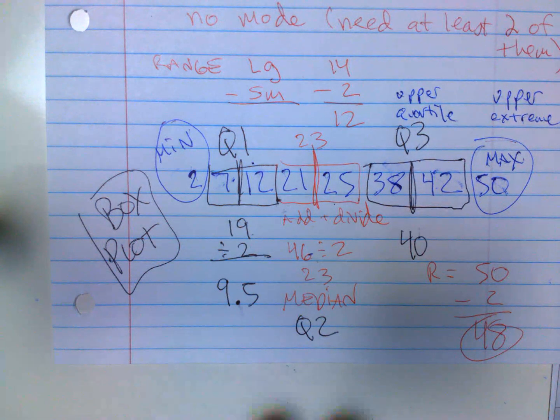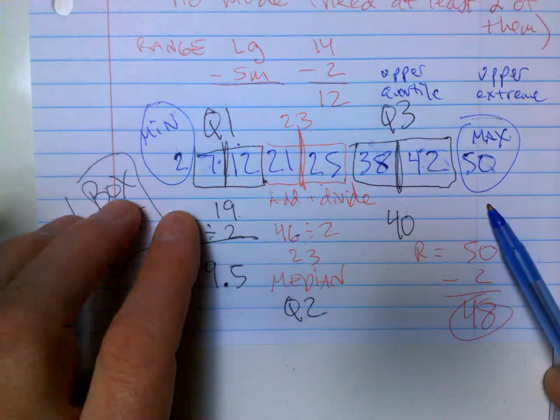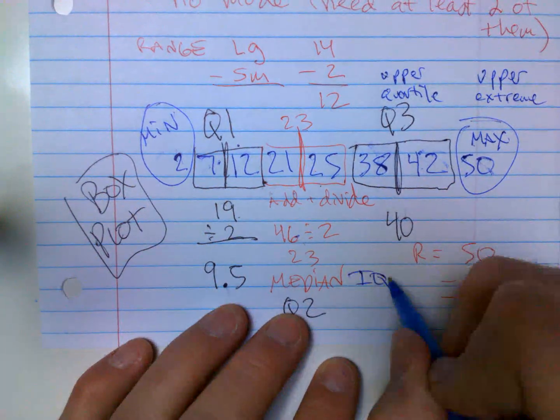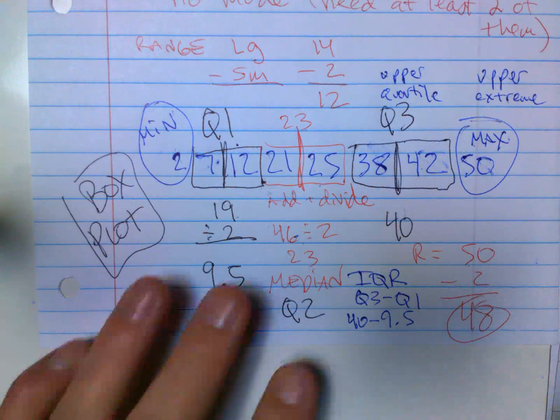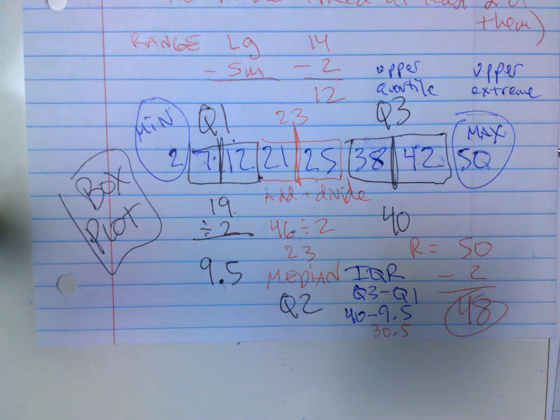So the range of the whole data set was 50 minus 2. The IQR is the 30.5. Okay. That is mean, median, mode.